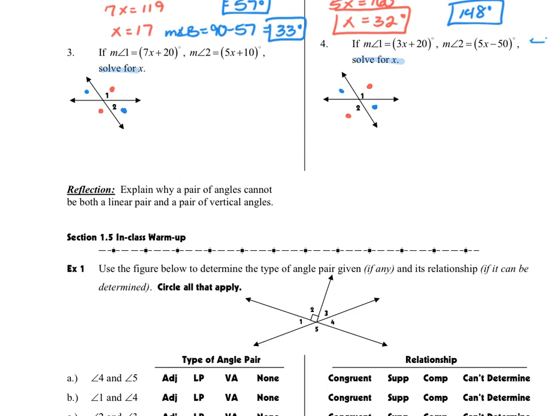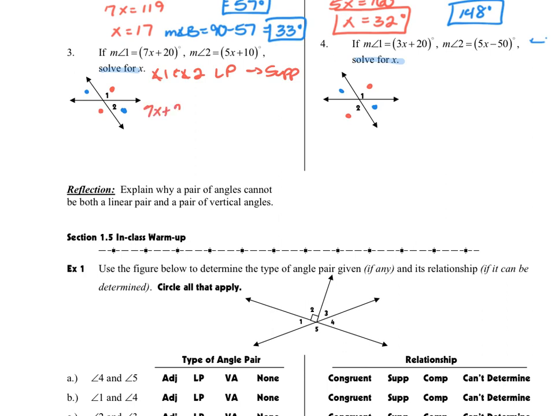So in our first one here, we're working with angle 1 and angle 2. And from our picture, we've got two different colors, so we should be able to visually see that angle 1 and angle 2 are a linear pair, so they are in fact supplementary. And of course, if they're supplementary, they add to 180. So let's go ahead and do that algebra.